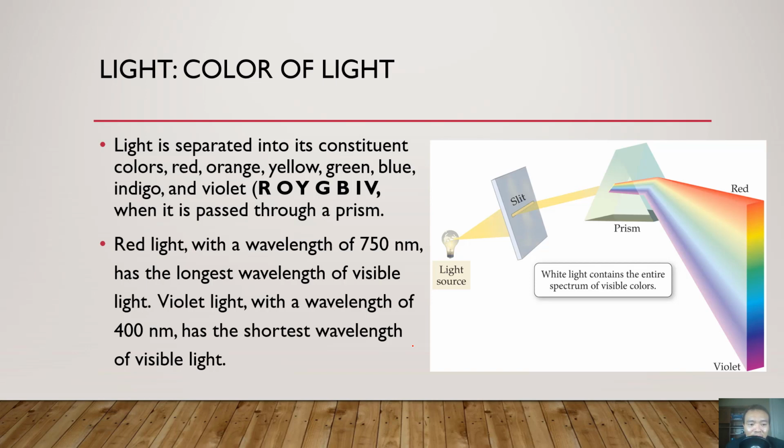When the light is passed through a prism, it is separated into different colors. Red light has a wavelength of about 750 nanometers, and the shortest wavelength, the violet or purple light, has a wavelength of about 400 nanometers. So our eyes can only see about the 400 to 750 nanometer range of light, which is a very, very small range of wavelengths.